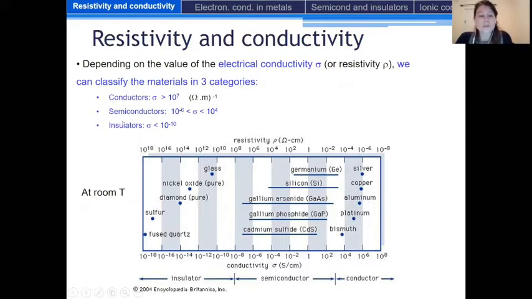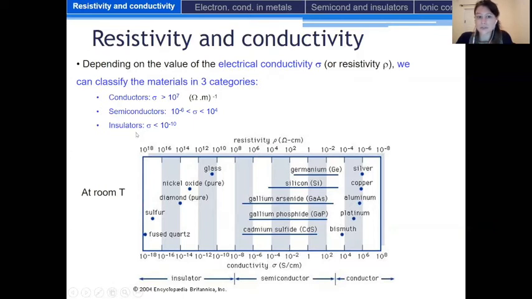Then we have the category of semiconductors, whose electrical conductivity ranges from 10 to the power 4 to 10 to the power -6. So we have germanium, silicon, gallium arsenide, gallium phosphide, cadmium sulfide. So they have intermediate conductivity between the one of conductors and the one of insulators, which represent the last category.